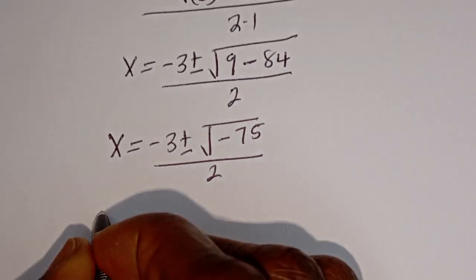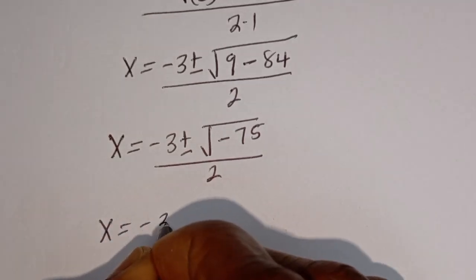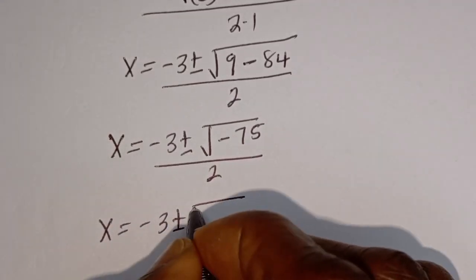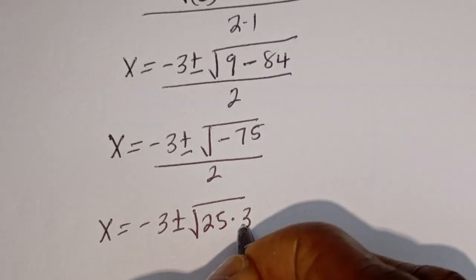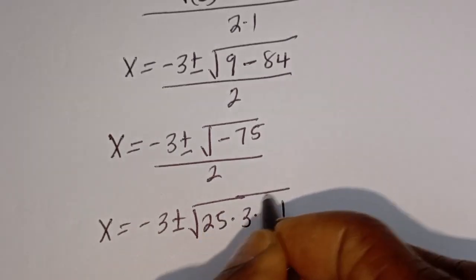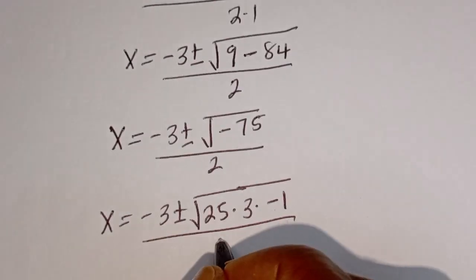Then from here, x is equal to minus 3 plus or minus square root of 25 multiplied by 3 multiplied by minus 1 divided by 2.